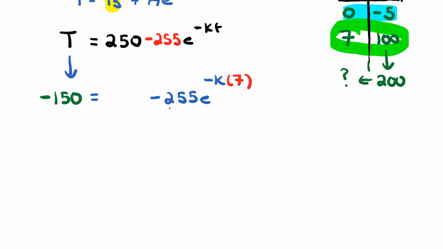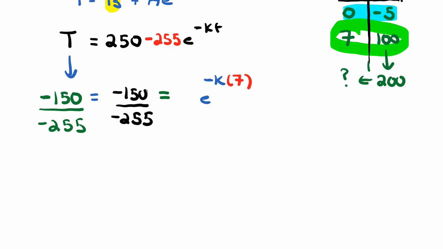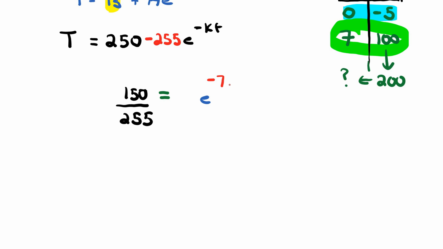Then I can divide both sides by -255, and that and that will cancel off. So I'll write -150 over -255, and a negative number over a negative number is positive. And this -k times 7, if I rearrange that, is just -7k.